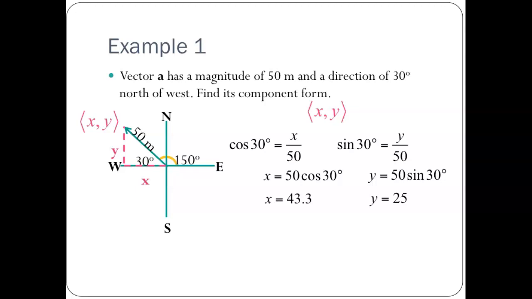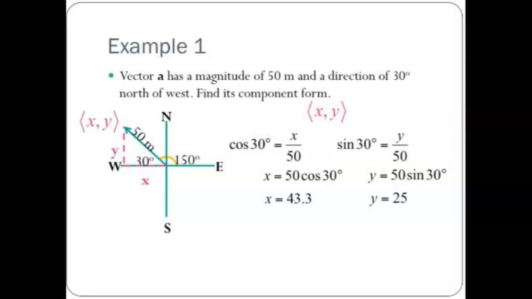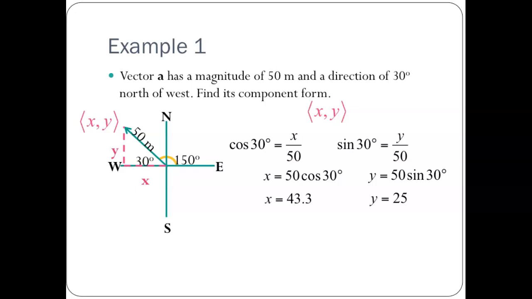But we need to indicate a direction, right? So the x component moves to the left. If you're looking at the direction of the arrow, which is the vector, you can clearly see that that is negative 43.3. And the y component goes up by 25, so it's positive 25. So negative 43.3, comma, 25.